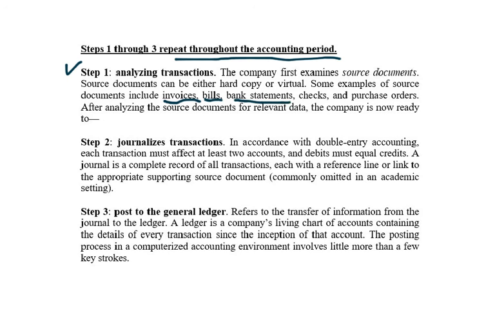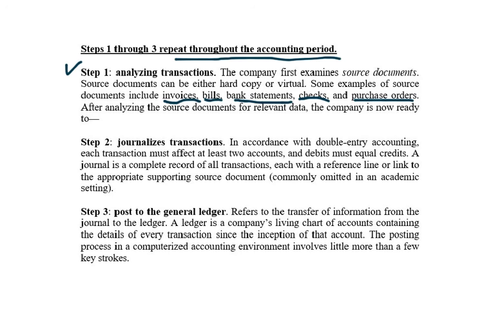Bank statements are often a source, for example, when we get to the chapters on bank reconciliations, that'll be your main source for that. Checks can also be included as a source for your transactions, and of course purchase orders as another source. Again, this is just a sample of possibilities. In some cases your source could be just memoranda, internally generated.